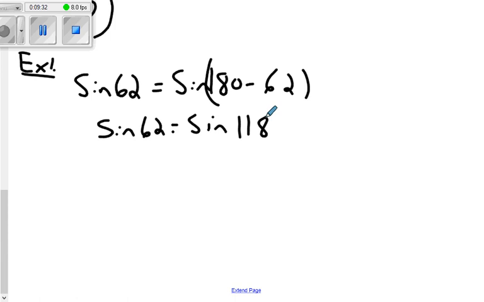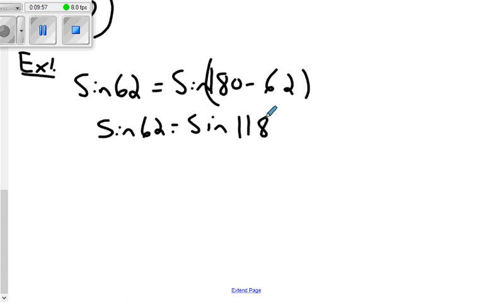You got what? Yeah, that's not right. You took sine of this. So if you go, I get 0.8829. That's 62. Oh no, if you just go 180 minus 62, you go sine of that.